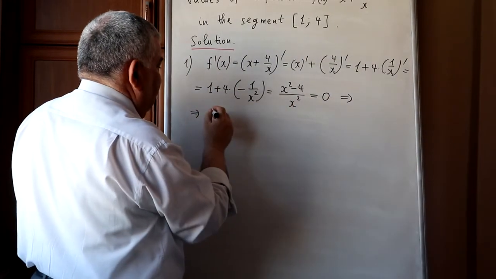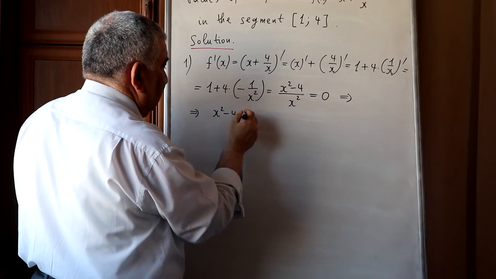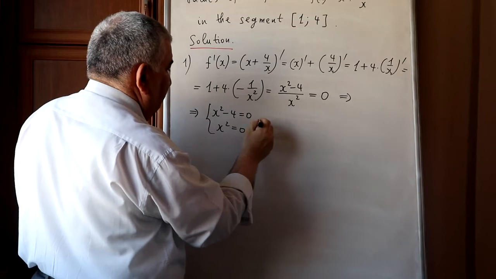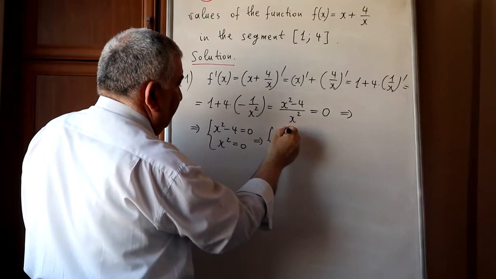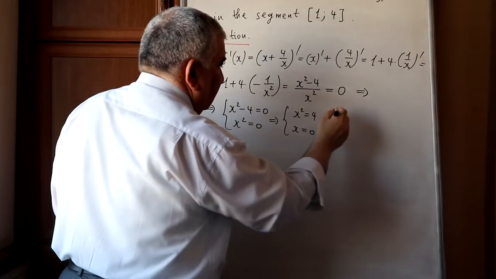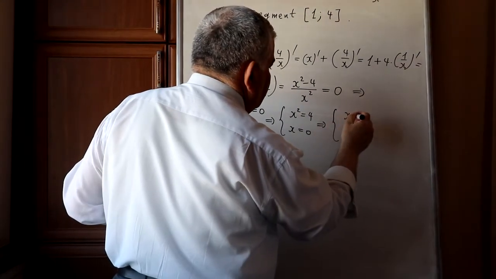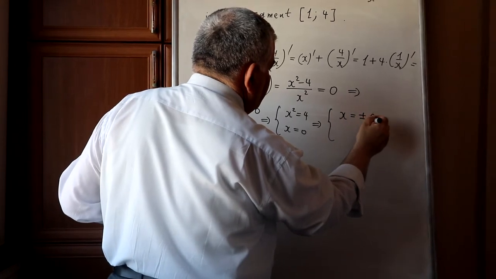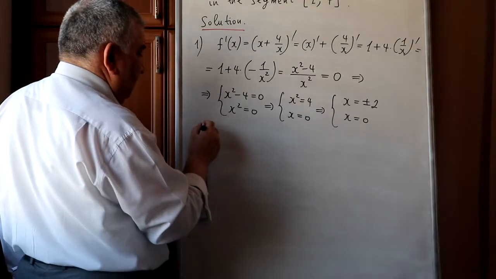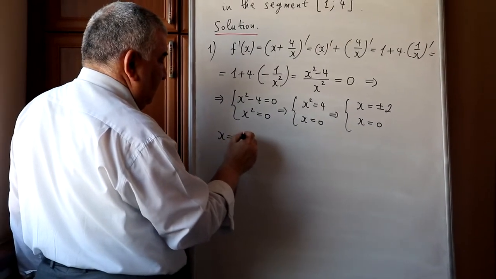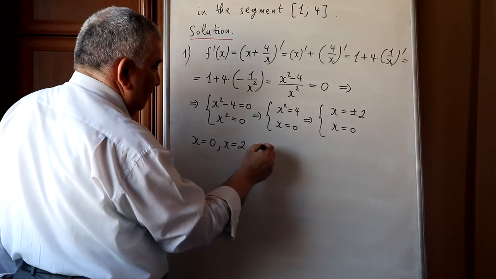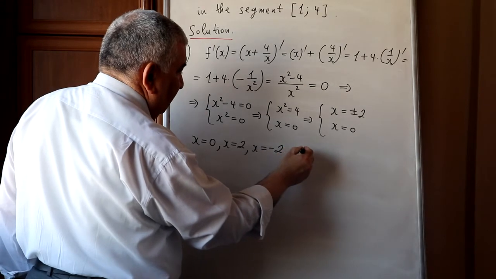That is x squared minus 4 is equal to 0 and x squared is 0. x squared is 4, x is 0, so x equals plus or minus 2, x is 0. We have 3 critical points: x equals 0, x equals 2, and x equals minus 2.